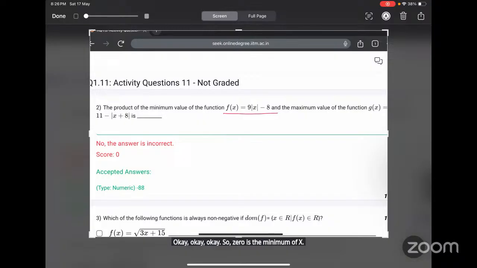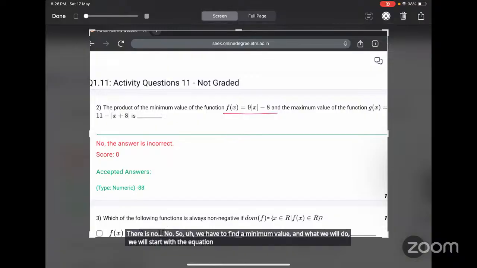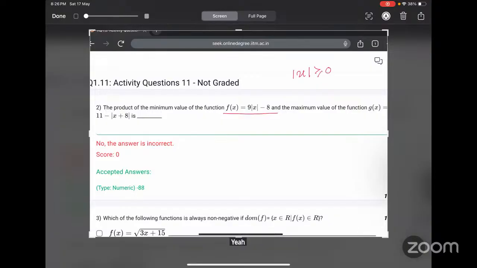So we have to find the minimum value, and what we will do, we will start with the equation of the function. We know that the modulus value is always greater than or equal to 0, right? So 9 times this, that means multiplication of two positive numbers, is again greater than or equal to 0.